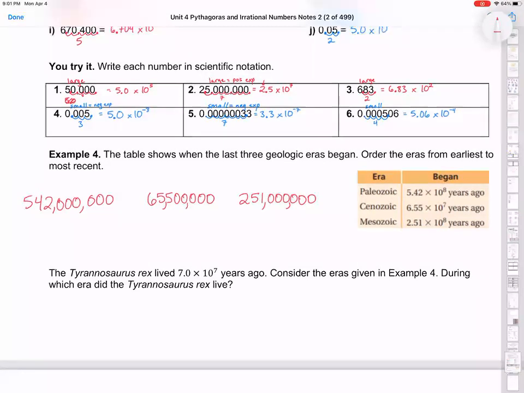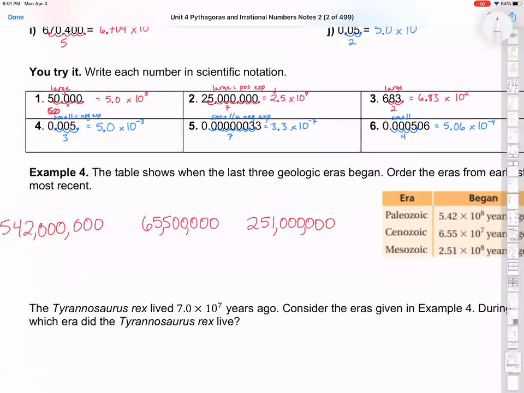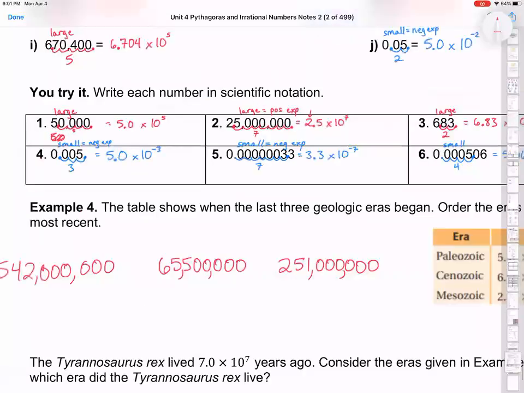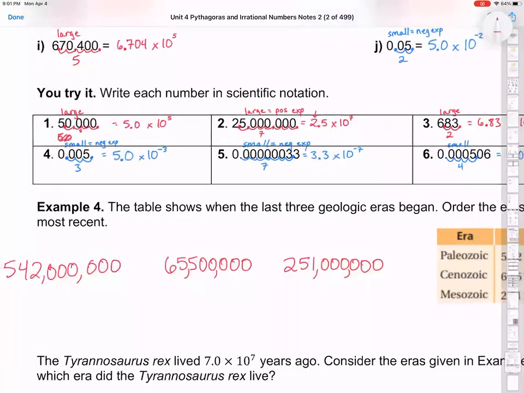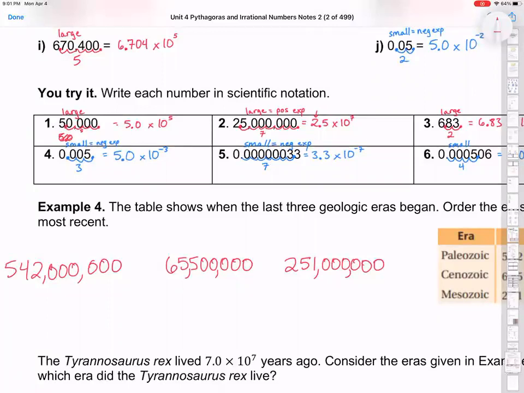It looks like the Paleozoic is the oldest one. It's at 542 million, so this is the earliest. The order would be: earliest, this would have come first, is the Paleozoic.